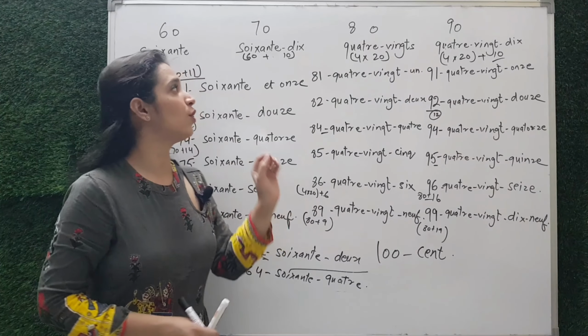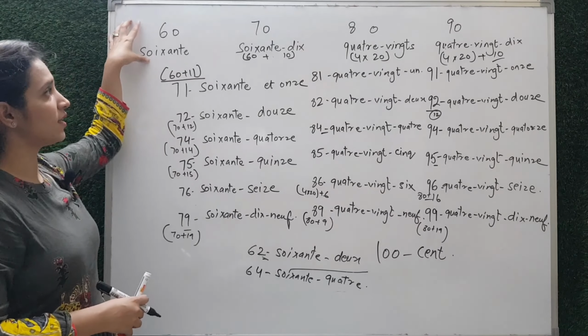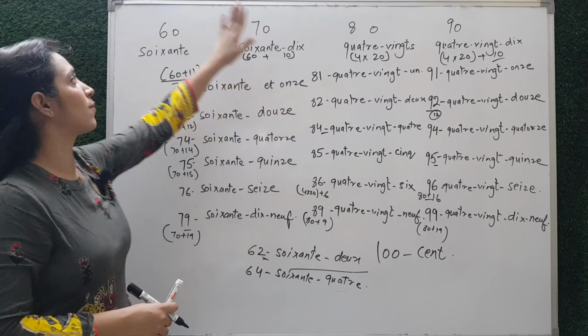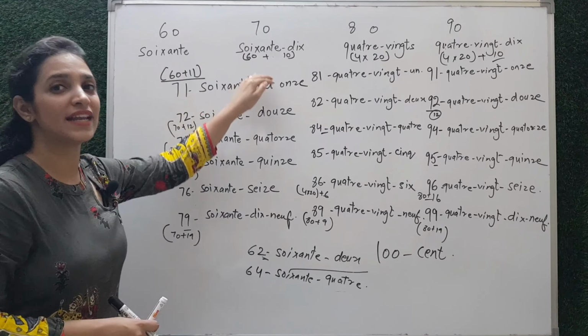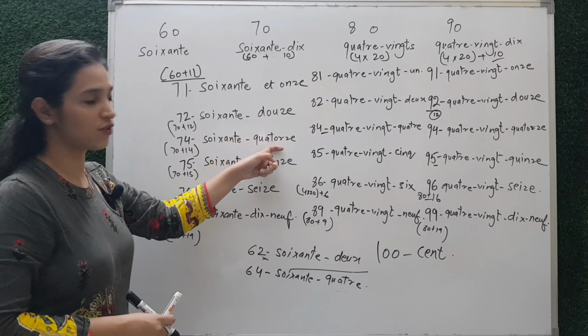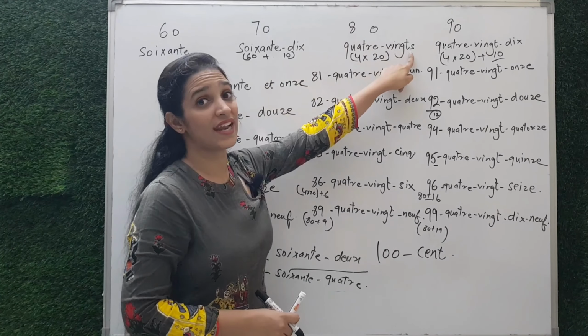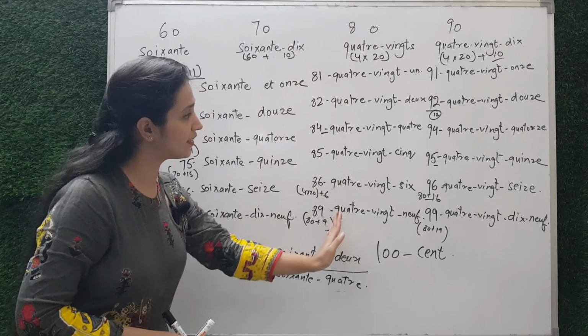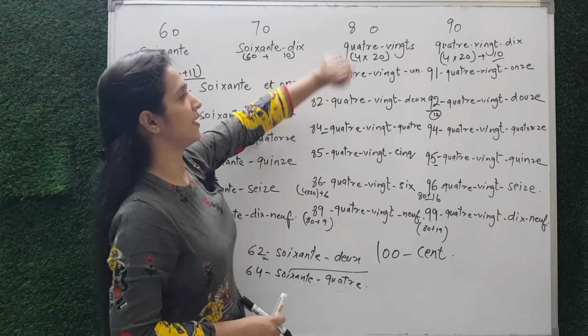I would like to point out the points to remember. That is, 60 is soixante. 70 is taking its name from 60. That's why in 70 we are using numbers from 11 onwards. Onze, douze, treize, quatorze, etc. In 80 we are putting one S, only in 80. In these numbers over here we will not put any S. Only in 80.